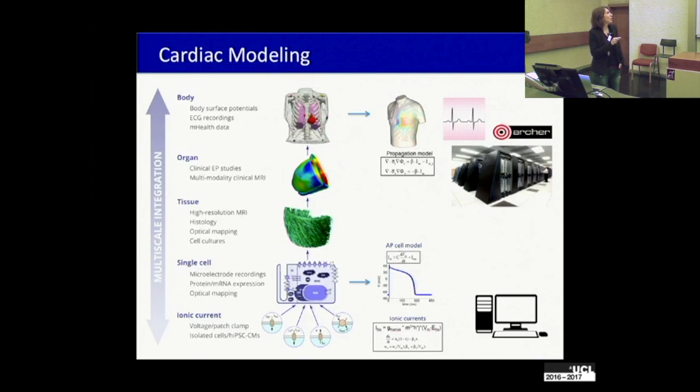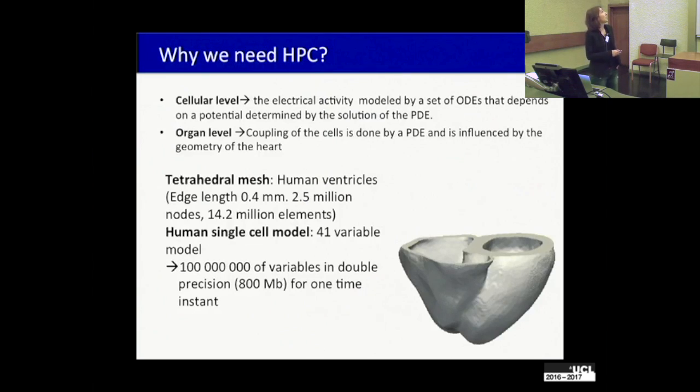However, when you include all this complexity and all these variables to whole organ, then to torso, and then you want to get to these higher levels of complexity, you need high-performance computing and also high-performance computing facilities. Archer, that is the one that we are using right now. Why HPC?